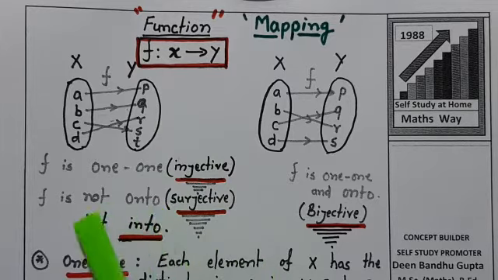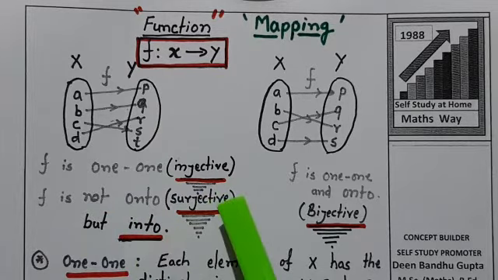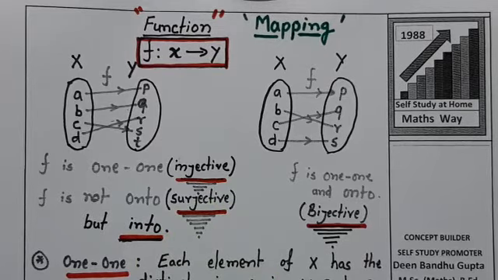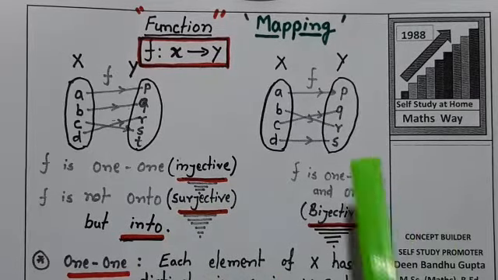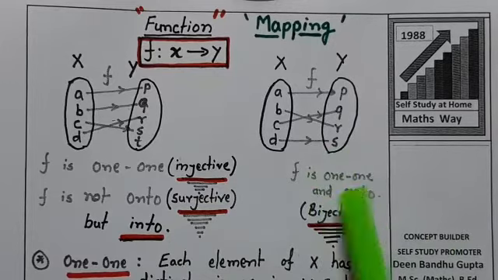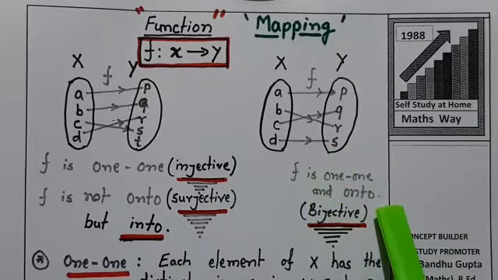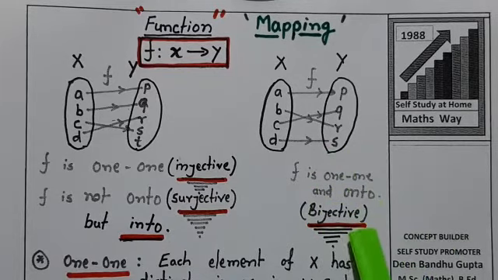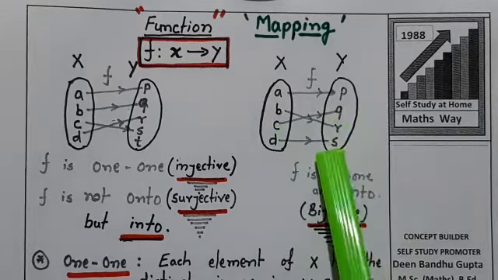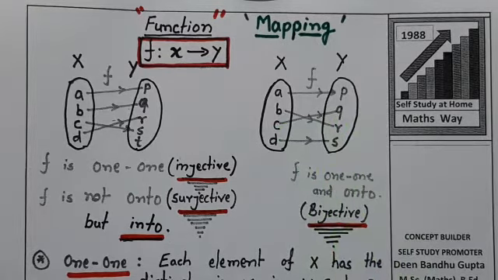Onto means surjective. If function is 1 1 and onto both, then it is bijective. 1 1 also and onto, then that is known as the bijective.